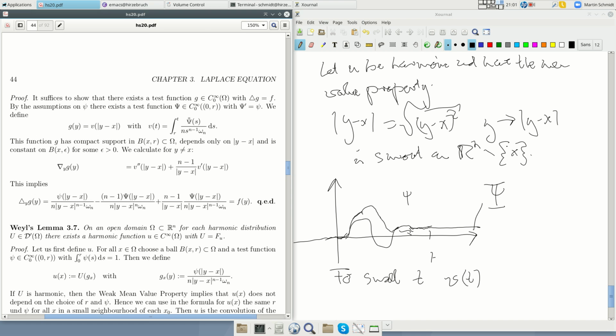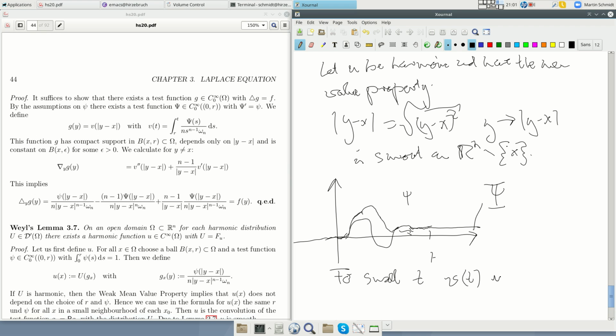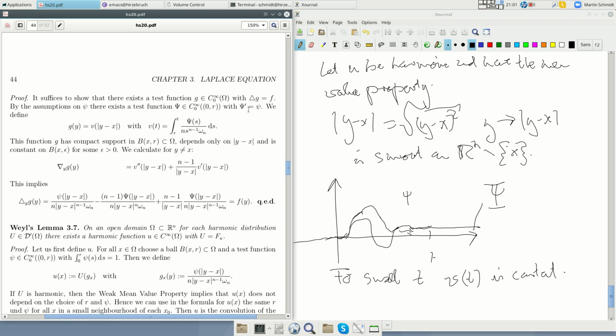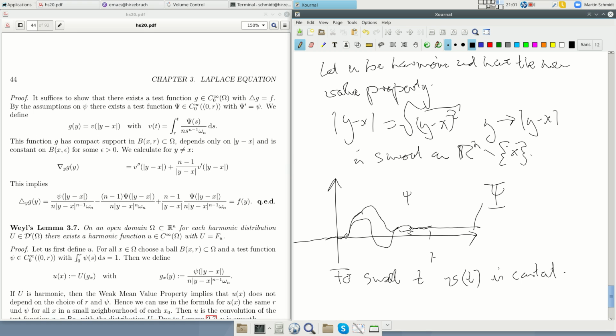So we know for small t, phi of t is constant. We don't know that it's 0, but if we are smaller than the support of small psi, and then we are also smaller than the support of capital psi, then v of t is constant.